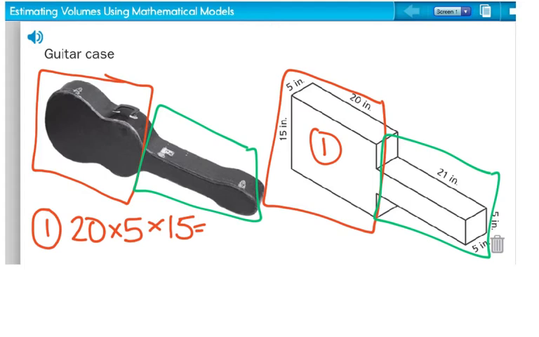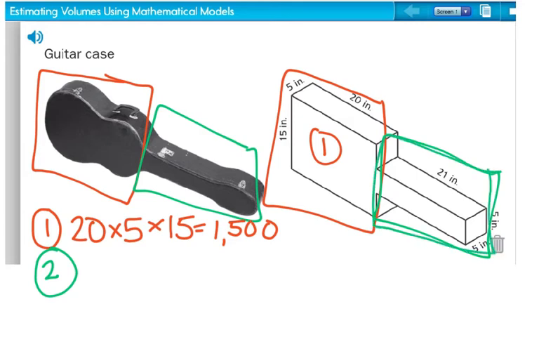Would you please on your calculator take 20 times 5 times 15. What do you get? You should get 1,500.